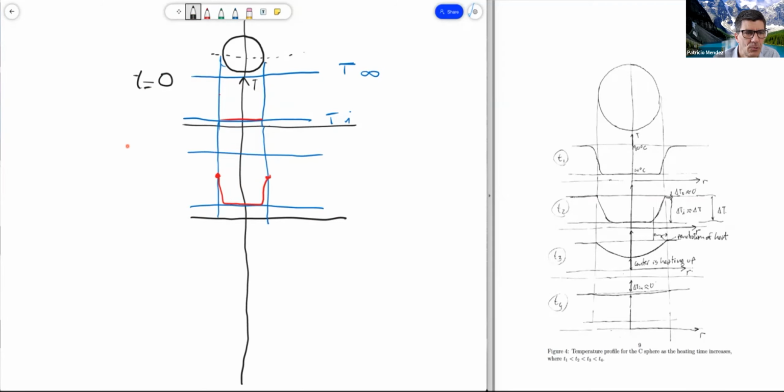Let's say this is T1, right? And we see the surface temperature increasing. And this is still in stage 1. Surface temperature is increasing.